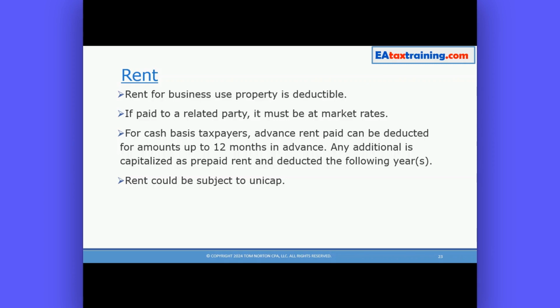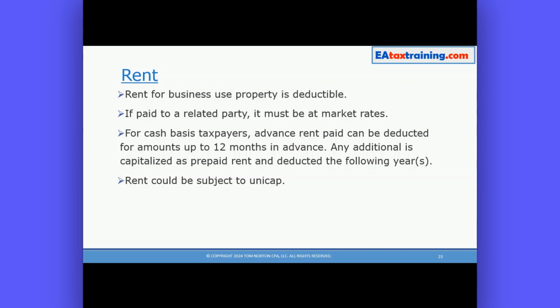For cash basis taxpayers, advance rent can be deducted for amounts up to 12 months in advance. Any additional is capitalized as prepaid rent and deducted in the following year. So we talked about this when we talked about accounting methods. We used prepaid insurance as our example then, but the same thing applies to any other prepaid expense, including rent.